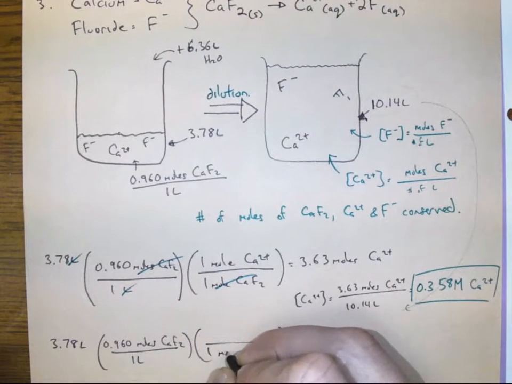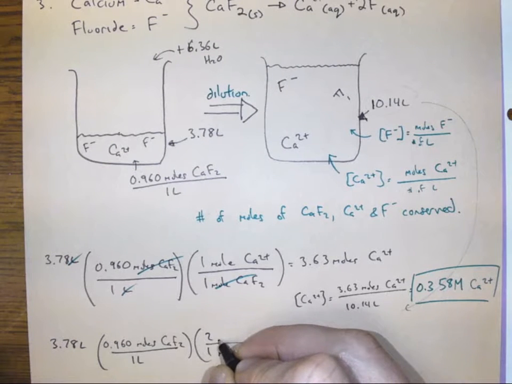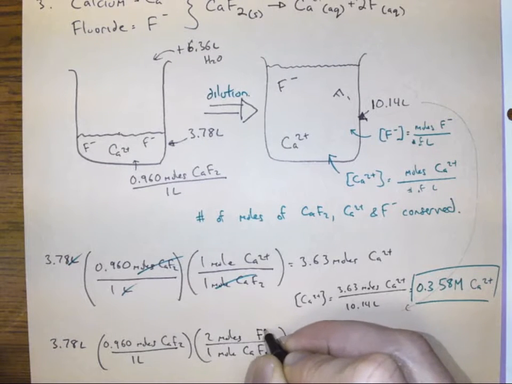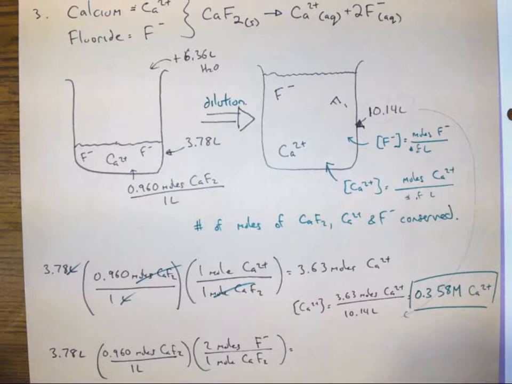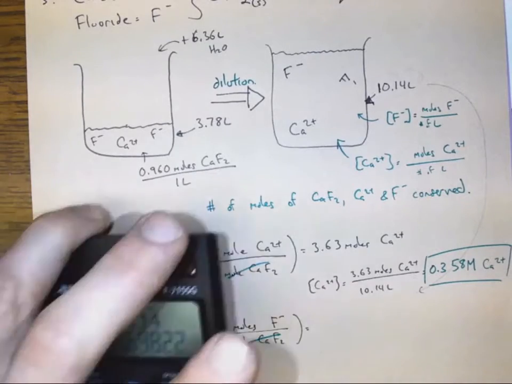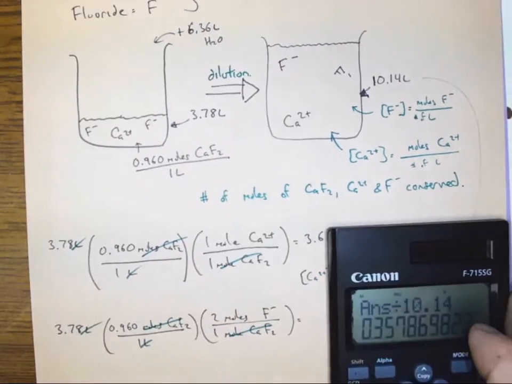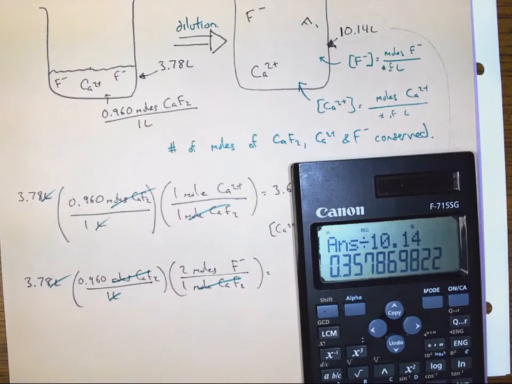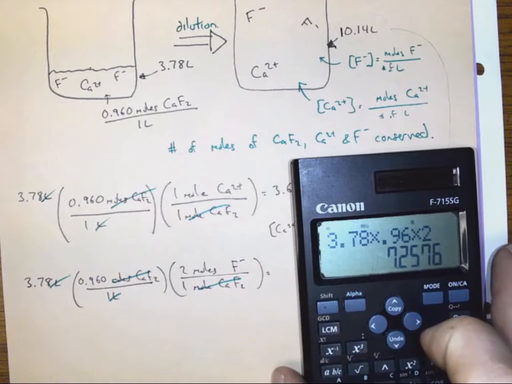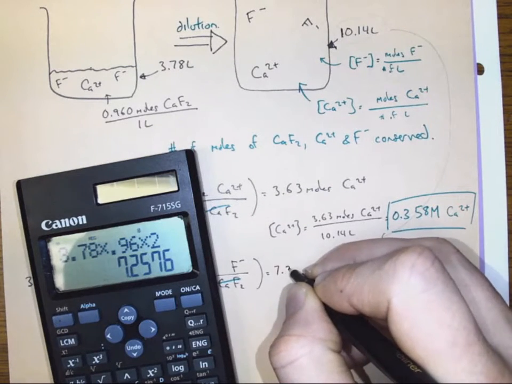So 1 mole of calcium fluoride makes 2 moles of fluoride ions. And so that gives us a value twice as large as the last one. So I could actually just take that number and double it, but I'm just going to go through the steps from first principles. 3.78 times 0.96 times 2, and that's like 7 1/4.